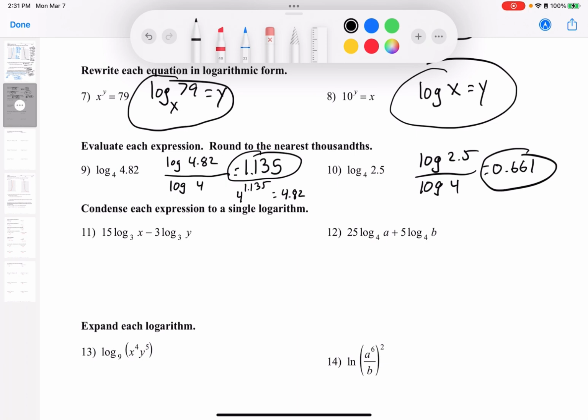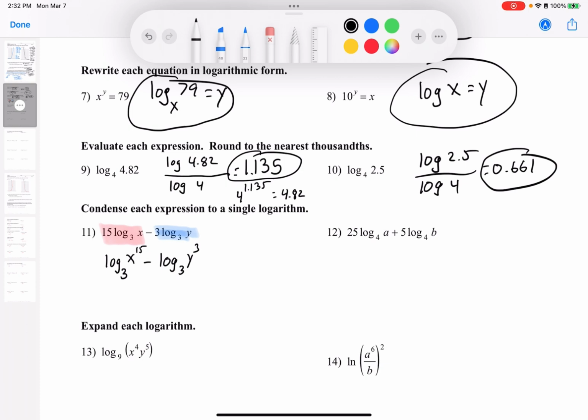Now, write in condensed form. Okay, so again, I'm going to kind of look and see. I've got that 15 out front, so I could rewrite this as log base 3 of x to the 15th. I also notice that I've got this going on, so I'm just going to rewrite this as log base 3 of y to the 3rd.